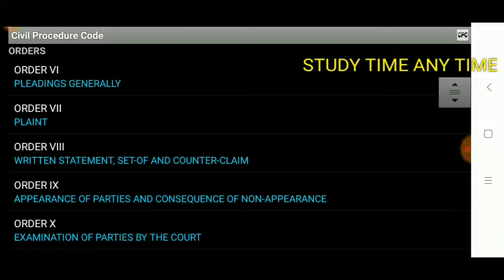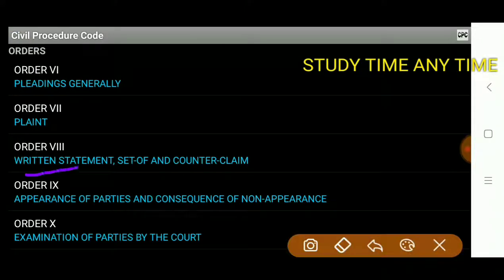And now we have come to order number 8. Now if the plaint is ready, then after filing the plaint, who will come? The defendant. On receiving the summons, he will file a written statement, or he may go for set off. There is one F less in this, or it is counterclaim.